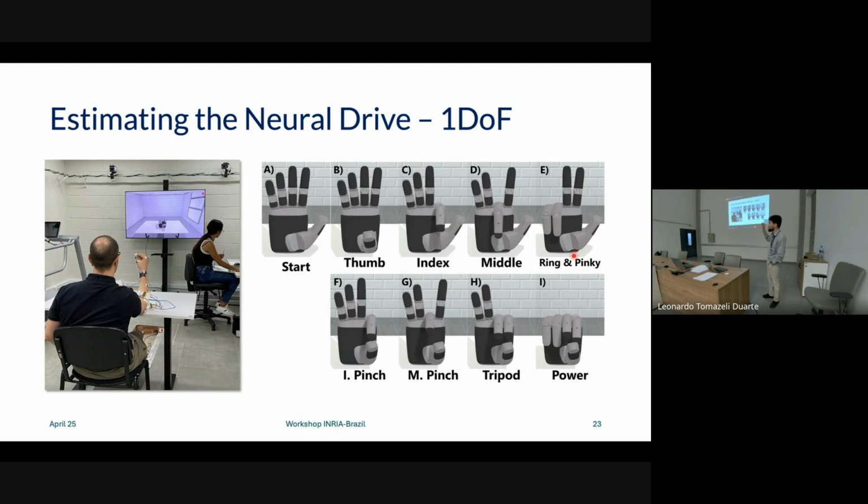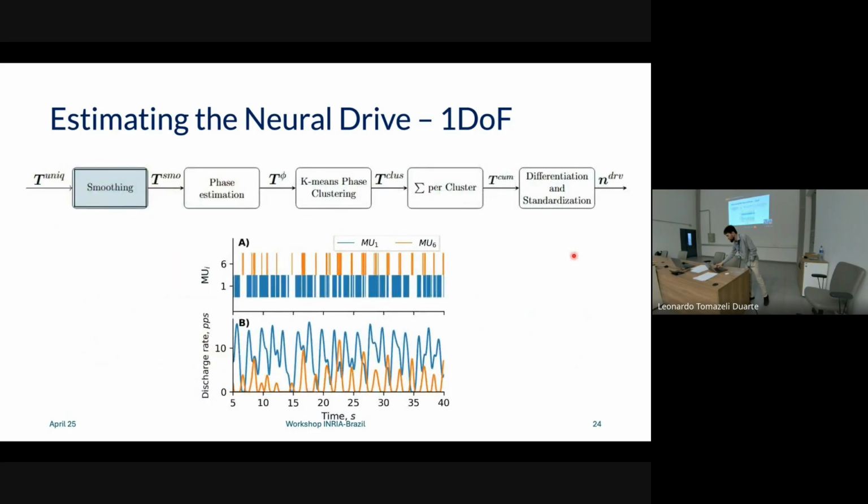And in this case, we are trying to extract the motor unit activity from high-density EMG and then estimate the neural drive for at least 1 degree of freedom. For example, finger flexion or extension, and or power grip or pinching grip. In this case, we are trying to improve our method, but at this moment, we have only 1 degree of freedom to show.